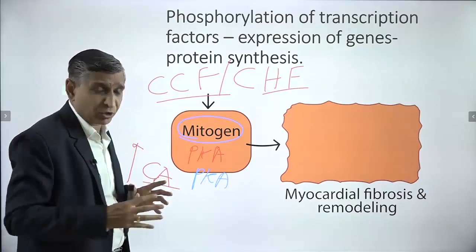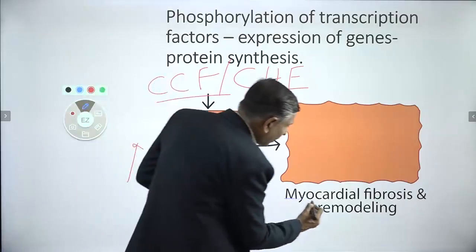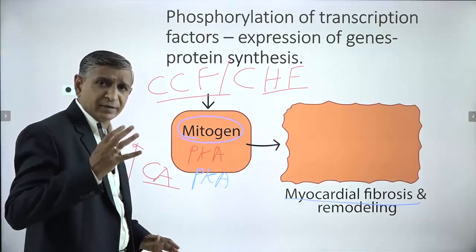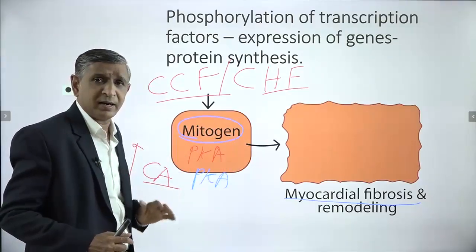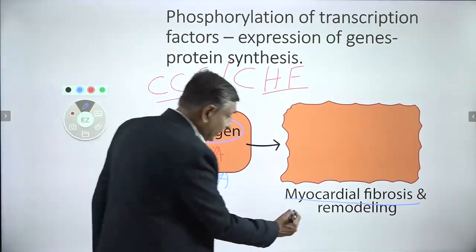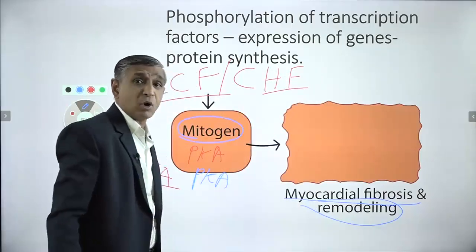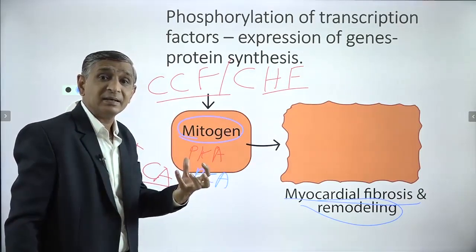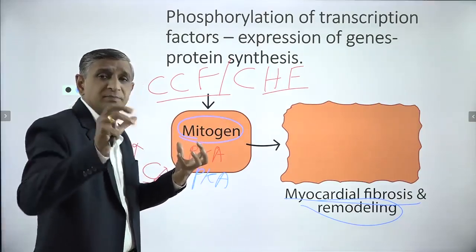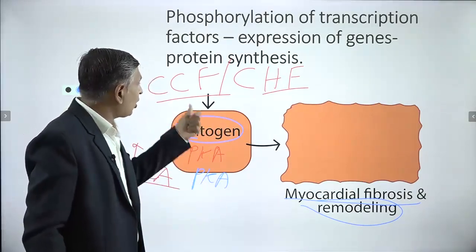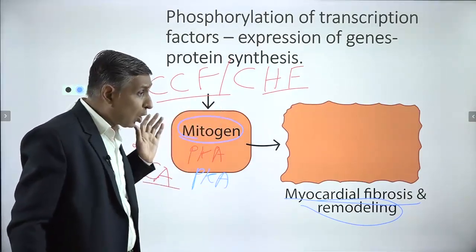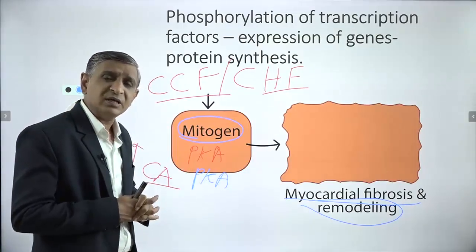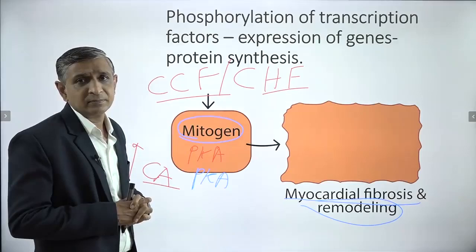Expression of those proteins leads to myocardial fibrosis. And this continuous stimulation leading to myocardial fibrosis will end in the remodeling of the heart. The heart will become bulky. This effect of adrenaline over the years is responsible for myocardial fibrosis and remodeling of the heart.